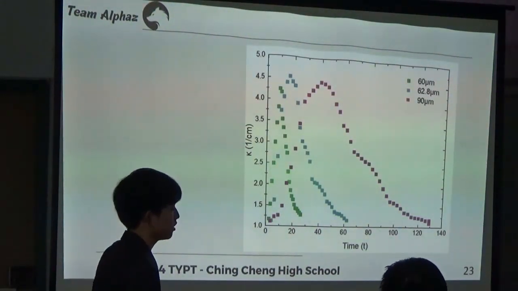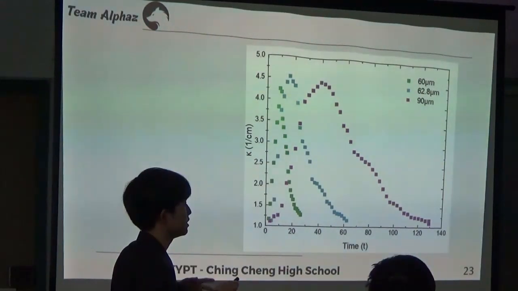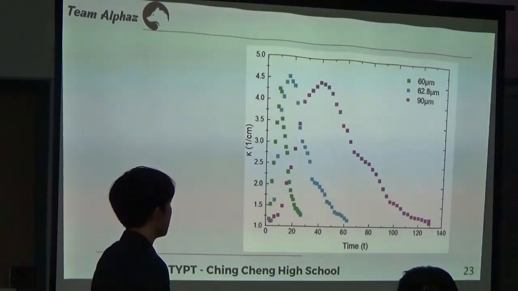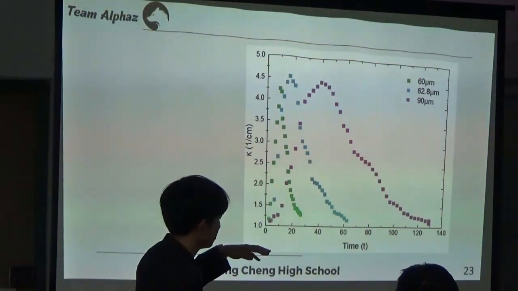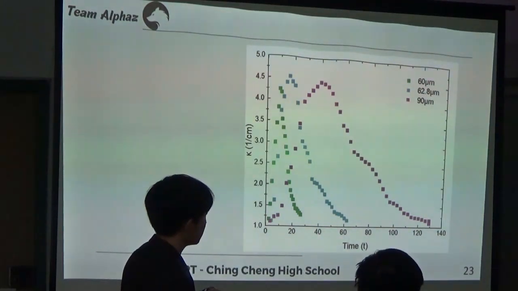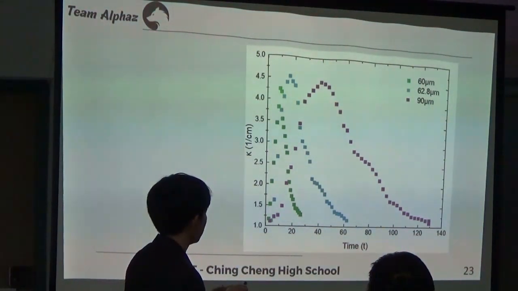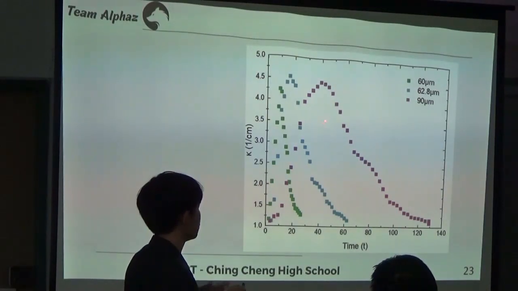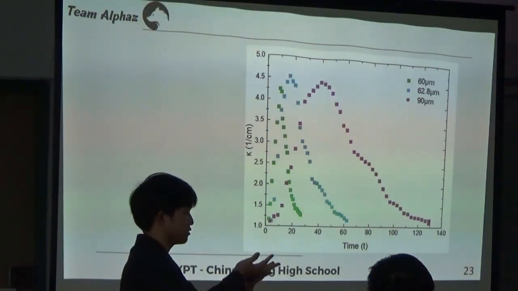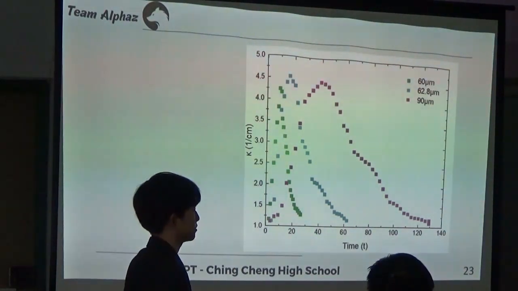Here we use different thicknesses, and we can see that the bigger thickness needs a longer time to go through the curves.